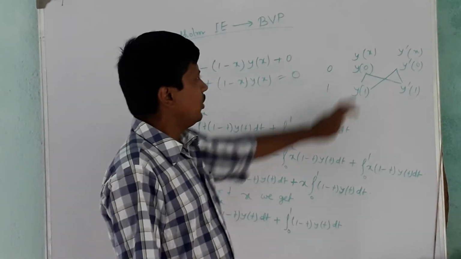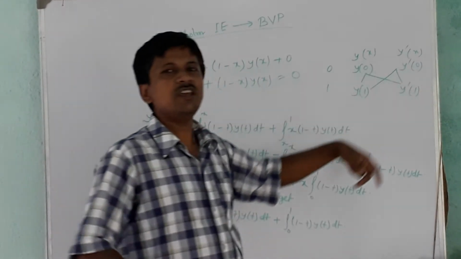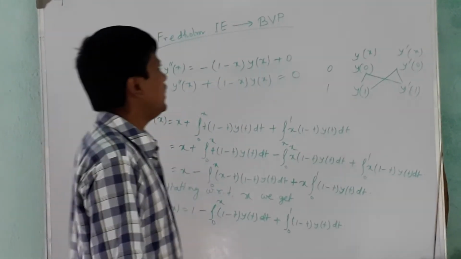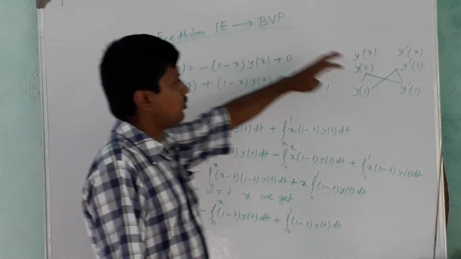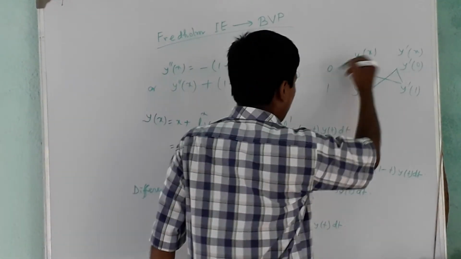If you choose y(0) and y'(0), then it will be an initial value problem. So we need to find a boundary value problem, so of course you have to find this set.